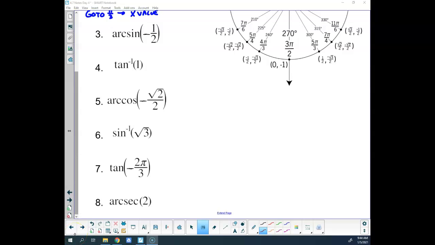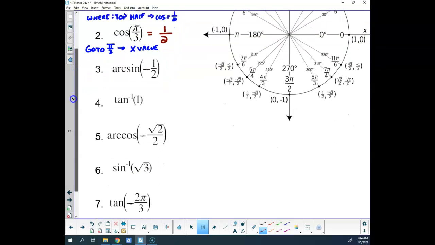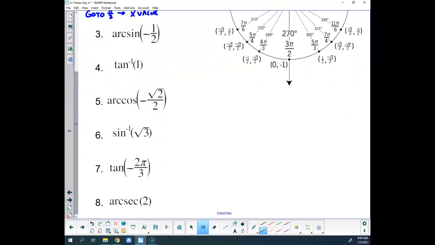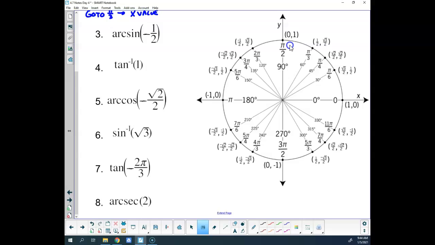So arc sine of negative 1/2. I'm looking at the right side of the unit circle. Arc sine, looking at the right half of the unit circle, where the y value is equal to negative 1/2, and that puts me right there.